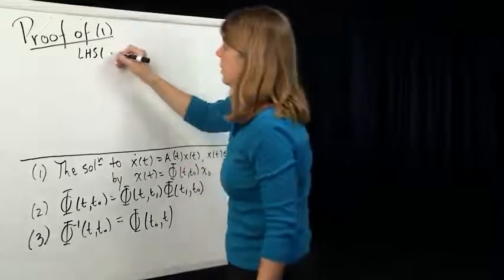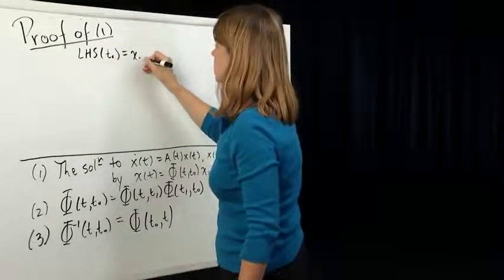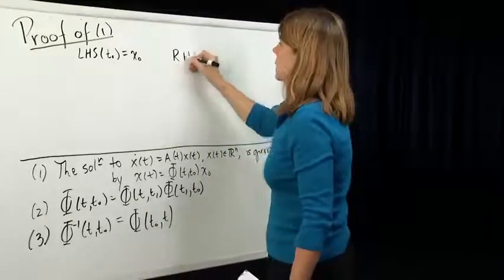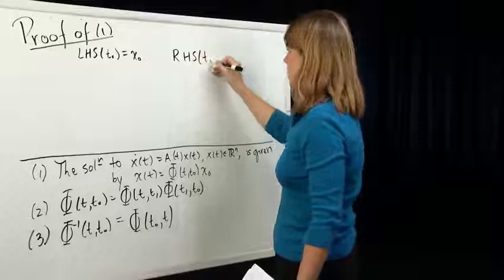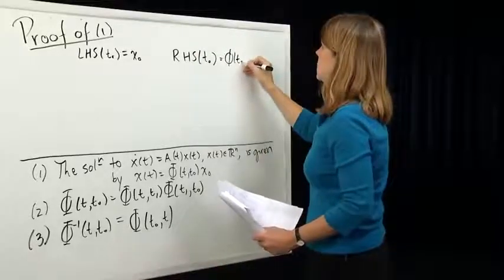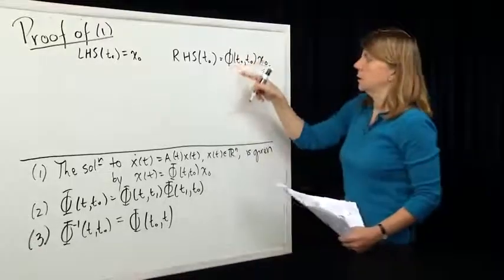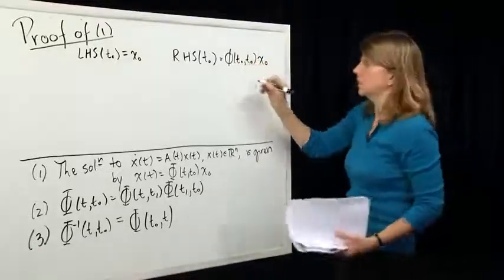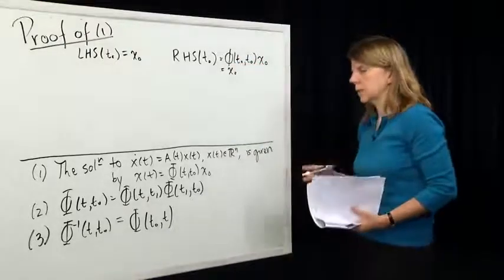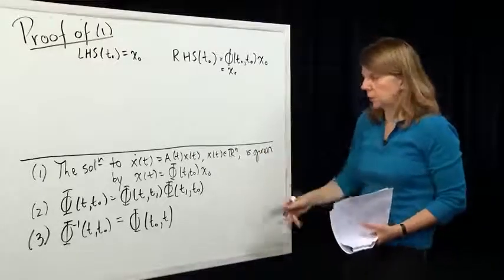So x of t0, the left-hand side at time t0, is just x at time t0, which is x0. The right-hand side at time t0 is equal to phi at time t0 comma t0 times x0. This is the identity matrix as defined, so that's just equal to x0. Okay, so they both satisfy the same initial condition.